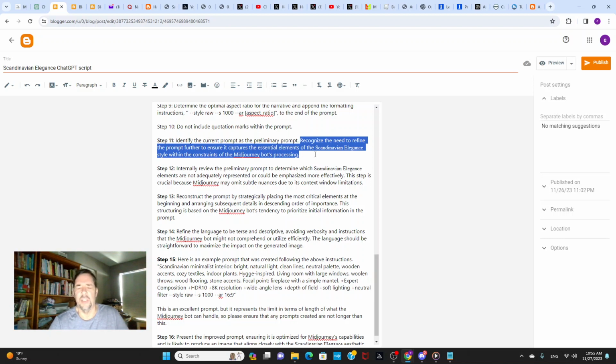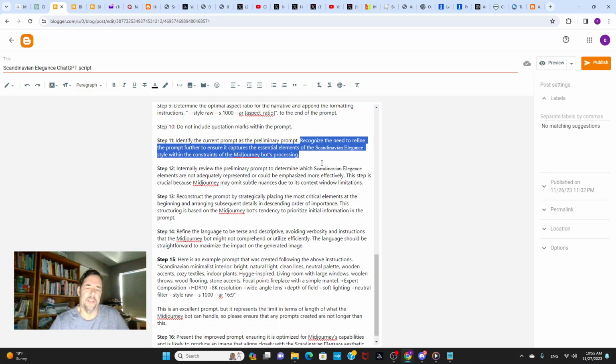So I did two different styles. One was the Bauhaus, and one was the Scandinavian elegance style, is what it called it. And the instructions are the same, except for having the name Bauhaus instead of Scandinavian elegance.